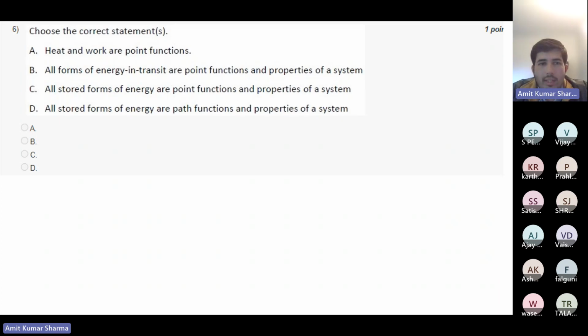So yeah, come to the question. You are saying the answer is C: all stored forms of energy are point function and properties of a system. Okay, let's wait for another 1 minute. Maybe anybody else wants to answer or discuss?